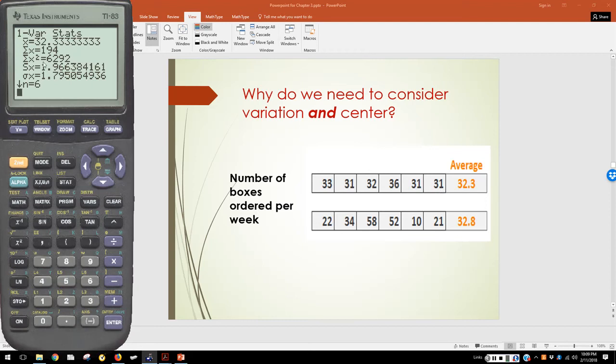So the standard deviation you could think of as kind of like an average of the individual differences of every data value from the mean.